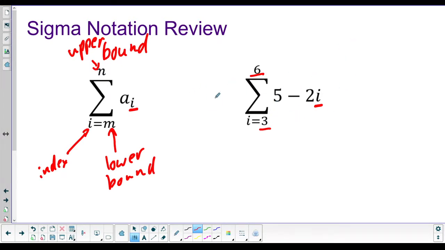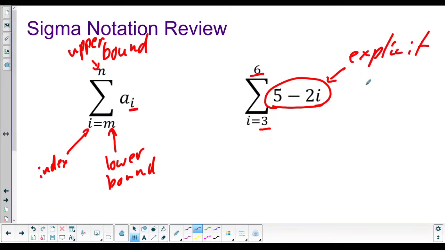On your homework, they're going to give you this thing. Just realize that this is actually the explicit notation for either the arithmetic or geometric sequence. This is the formula that you're going to be using. If you write out the list of terms, you're going to really quickly see that they turn into an arithmetic or a geometric sequence.